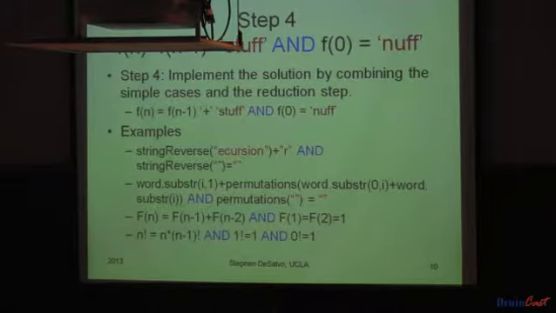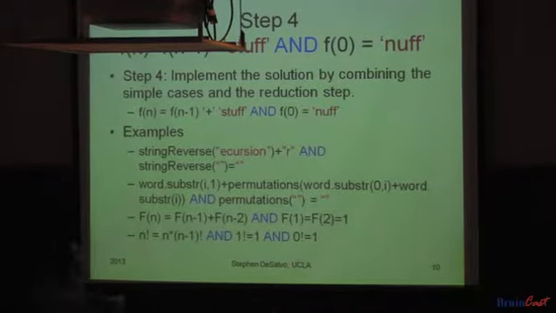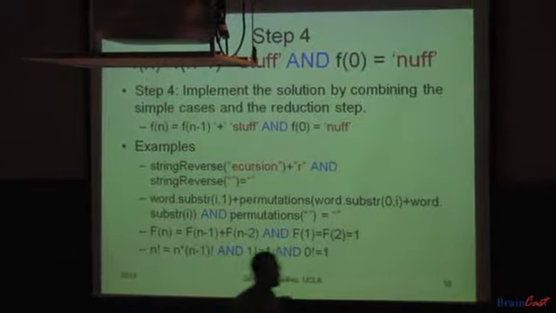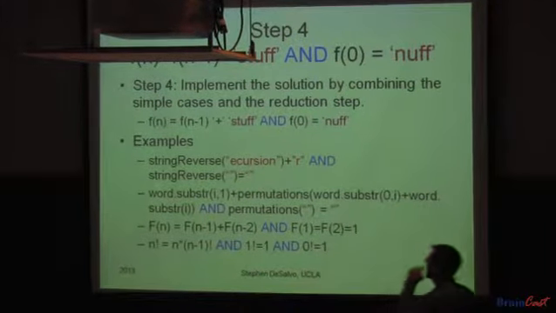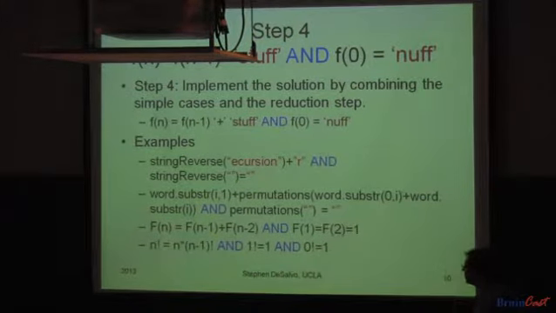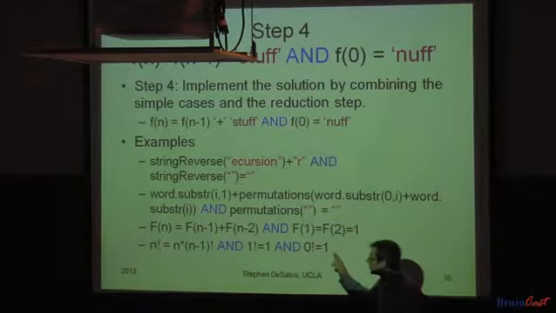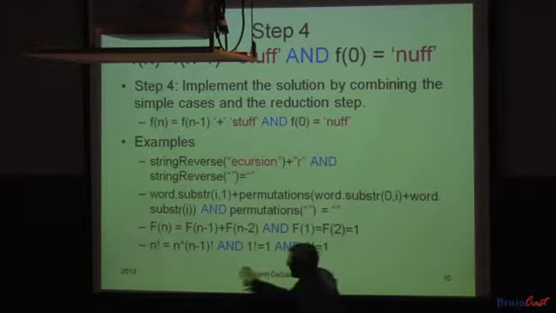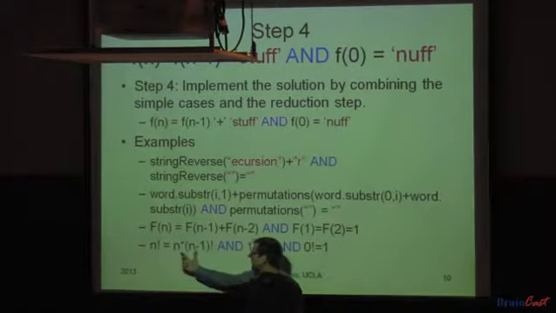Finally, step 4, implement the solution by combining the simple cases and the reduction step. Okay? So for factorial, we need the function set up so that factorial of n is going to be equal to n times factorial of n minus 1.